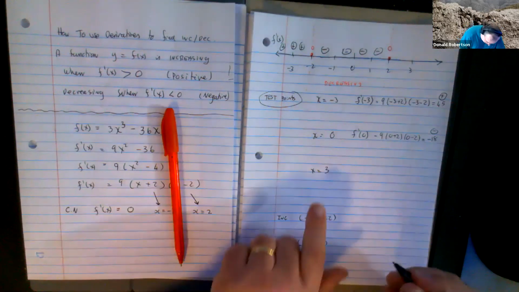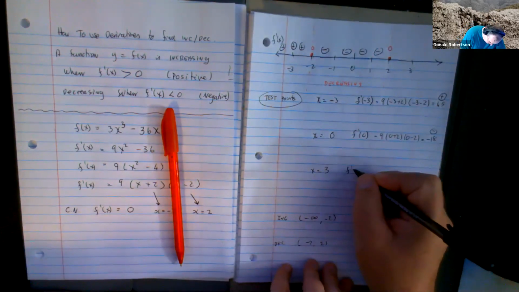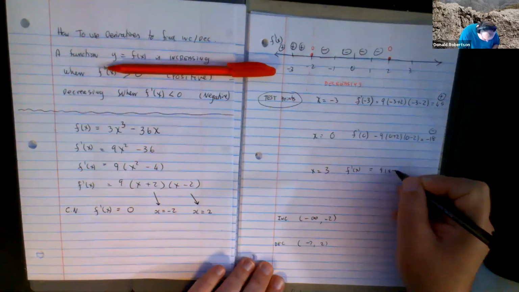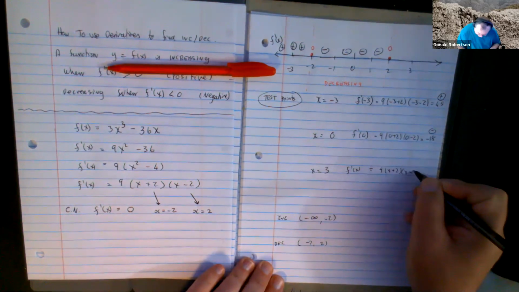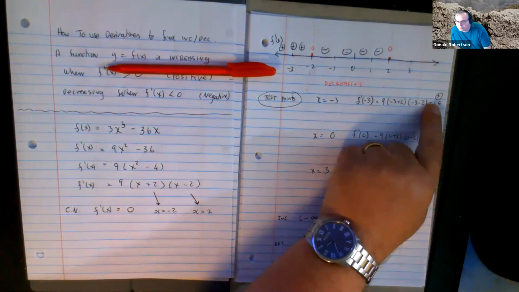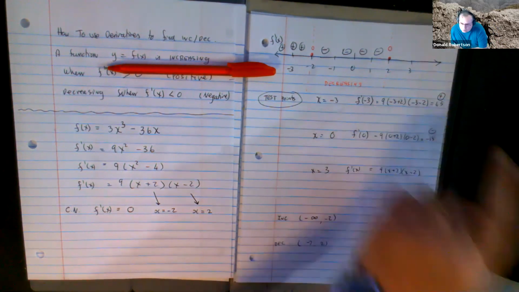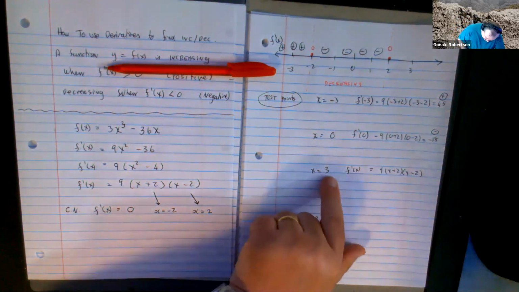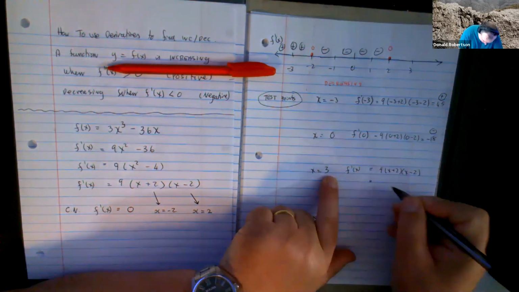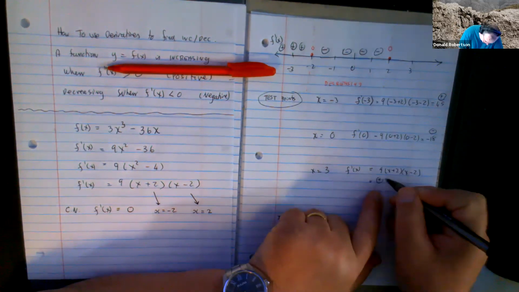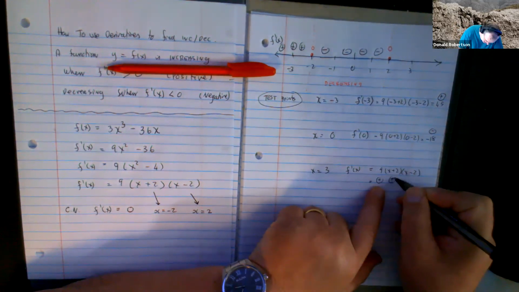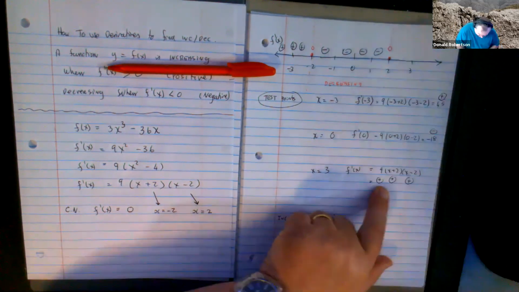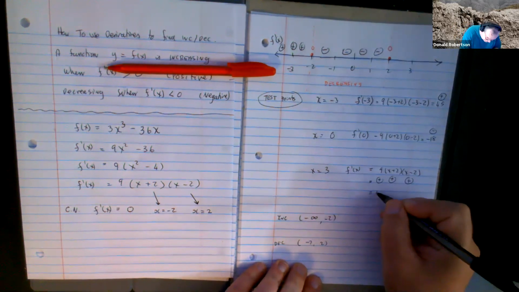And at x equals 3, let me show you a little trick that I use. I don't really care about the number part. I don't care that it's 45 or 4,500. I only care that it's positive. So if I want to find the value at 3, I just say, okay, 9 is positive. 3 take away 2 is positive. 3 add 2 is positive. 3 positive numbers, my answer is positive.